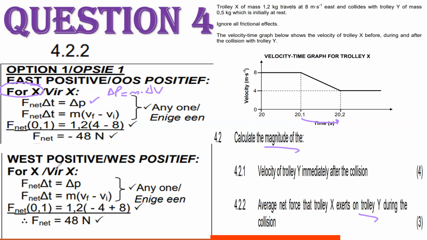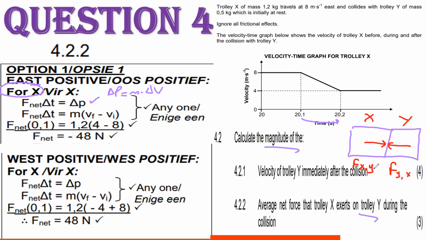If you say west positive and then you calculate, but now which one do you calculate? You calculate for x. Okay, let's draw these two boxes, or trolleys, as they said, but it's fine. Let's draw and show this is force FXY, and this one means from X to Y. All right, and then this one is force YX.